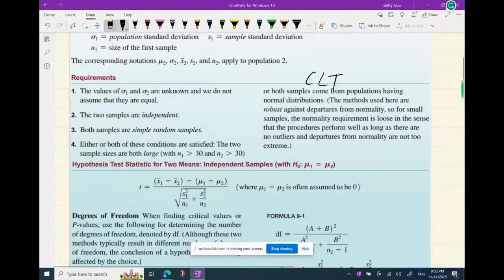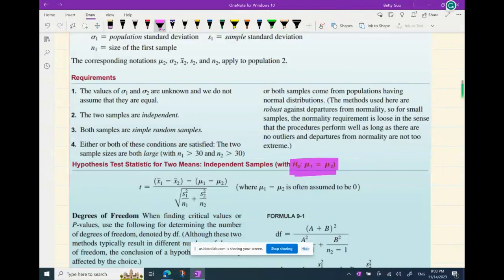This section is pretty close to section 8.3. Very close, but different, because this one involves two populations. For the hypothesis tests for two population means, the null is always mu1 equals mu2. You might remember in the previous section, when we tested a claim about two proportions, the null is always P1 equals P2, right?